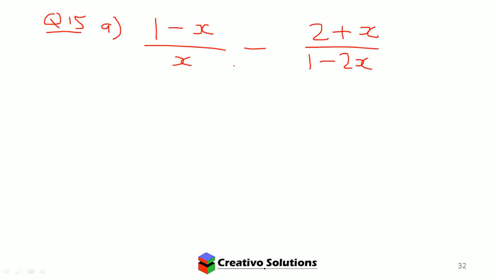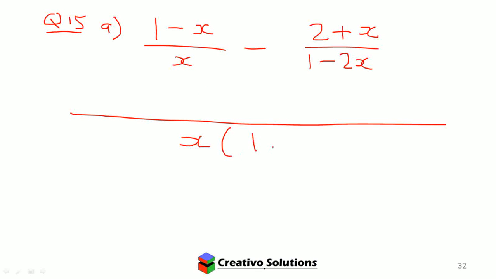So when I look at a fraction like this, you can see that you've got different denominators. When working with fractions, you need a common denominator. So I'm going to put them all over a common denominator of (x minus 2)(1 minus 2x).